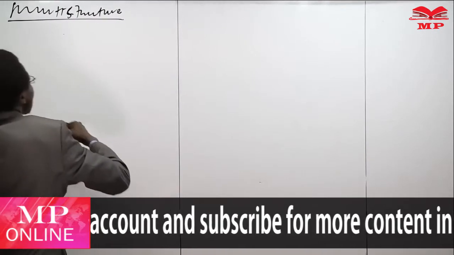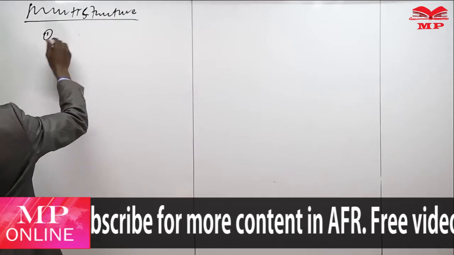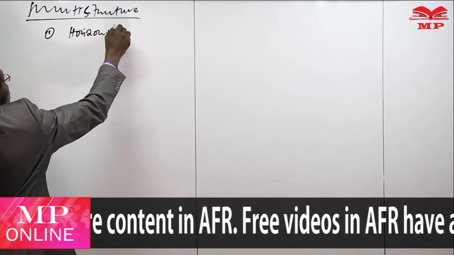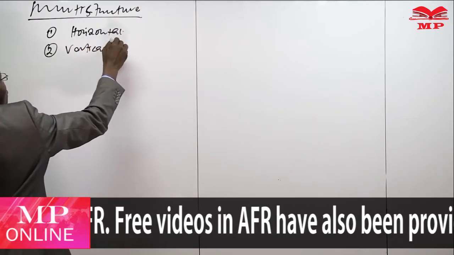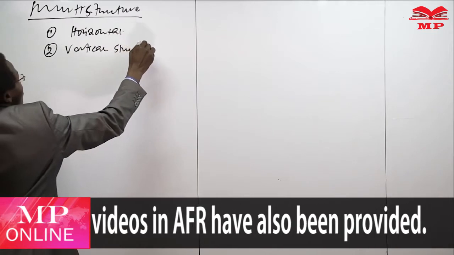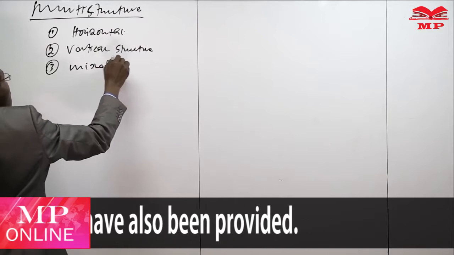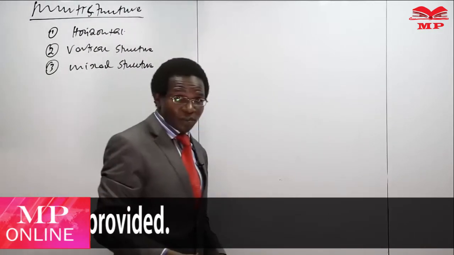Remember, we are talking about group accounts. In group structure, we say that there are three: we have the horizontal structure, we have the vertical structure, and we have the mixed structure. This is what we looked at in the last lesson.